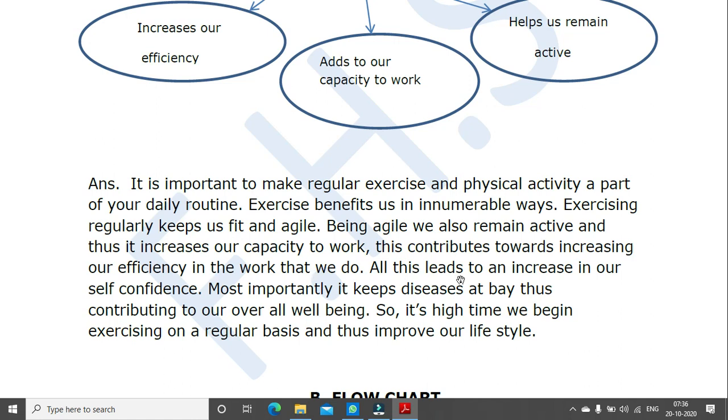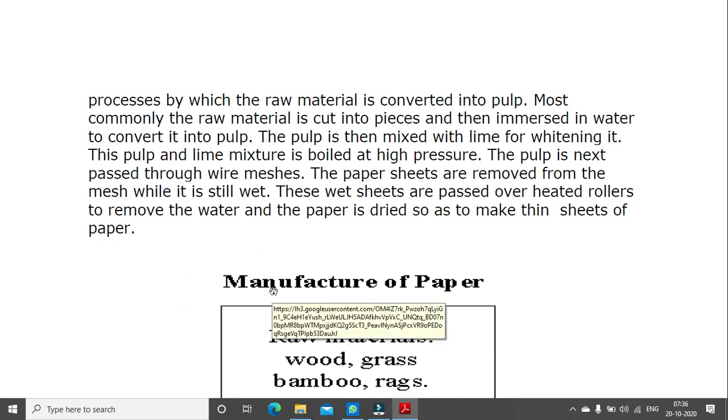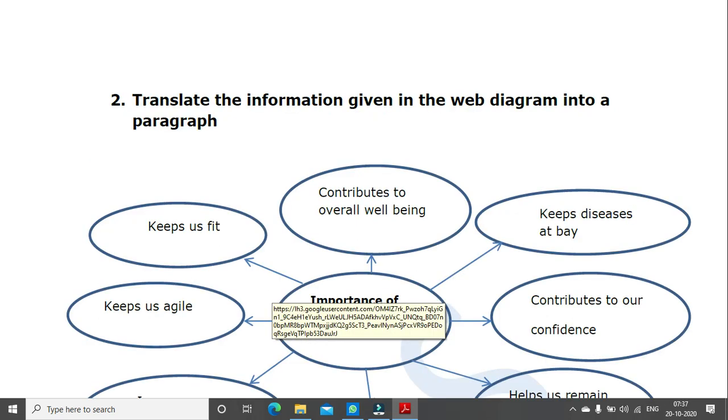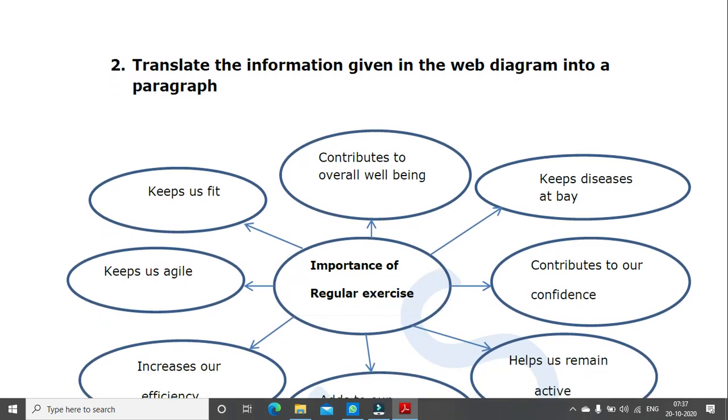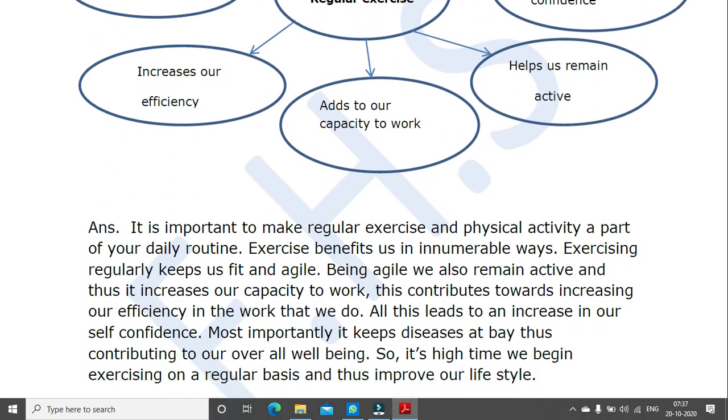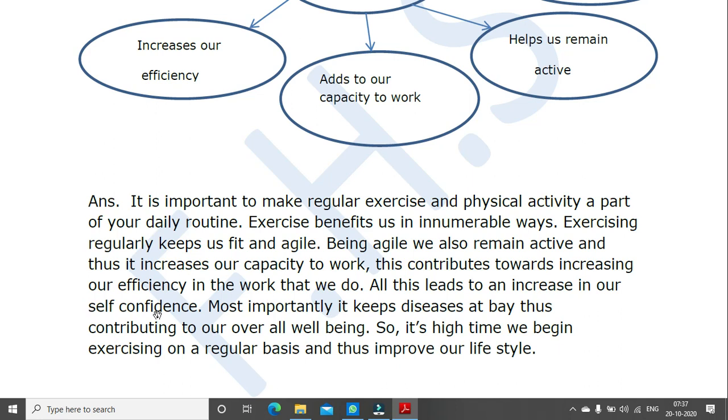All this leads to an increase in our self-confidence. So because of all this, your self-confidence will increase. See, I could have also put in over here, increase your self-confidence tremendously. I could have put in an adjective. Okay, increase your self-confidence quite a bit. Anything you can add if you want to.